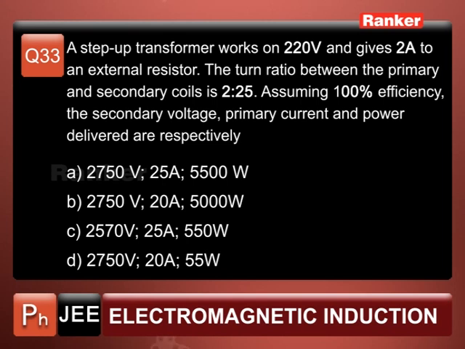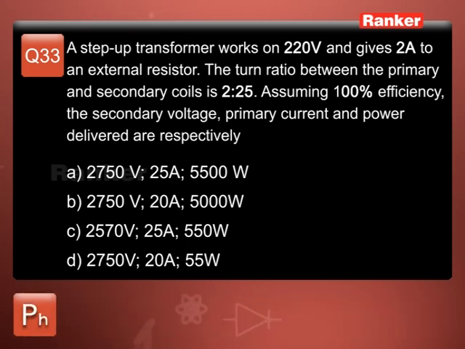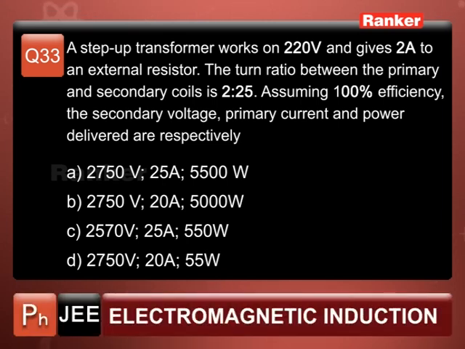Options are given: 2750 volt, 25 ampere, 5500 watt. These are the three values given in the first option. Second option, 2750 volt, 20 ampere is current, 5000 watt is the power. Third option, 2570 volt is EMF and 25 ampere is the current and 550 watt is the power.